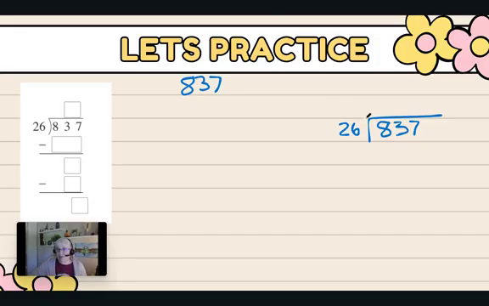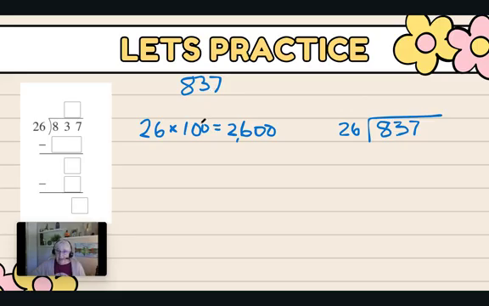Because there are 2 zeros in 100. I would be taking 26, adding 2 zeros behind it, which gives me the number 2,600. That is way more than our target of 837.